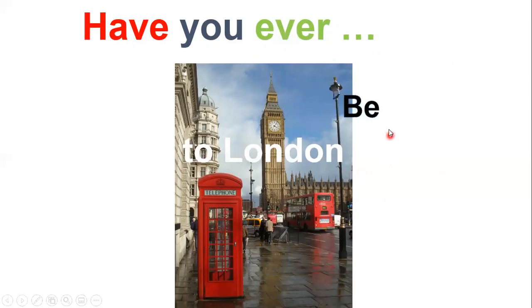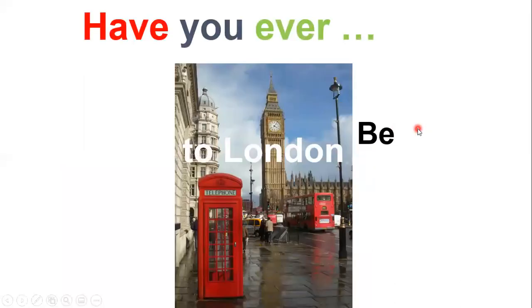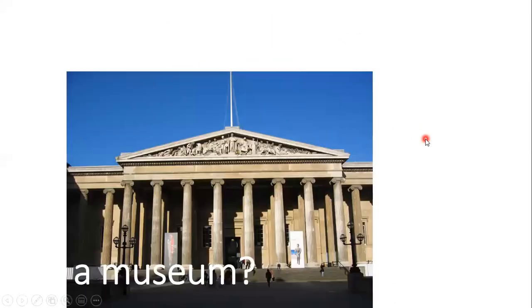The verb is be. So what are we going to say? Very good. Okay. Have you ever been to London? Next, we have a museum. The verb is visit. Is have you ever to ask questions? So what are you going to say? Have you ever visited a museum?